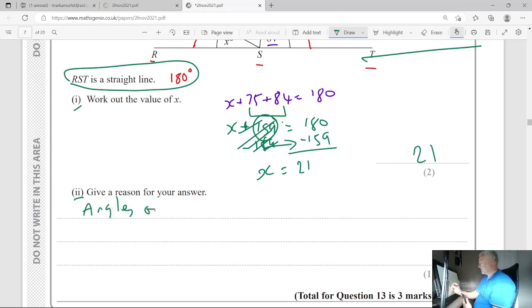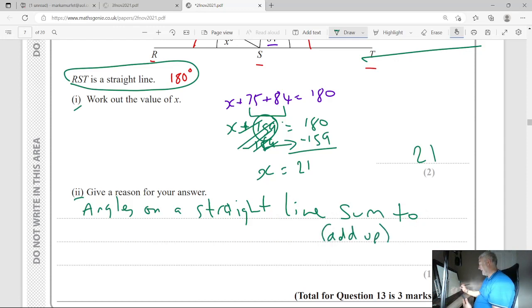Angles on a straight line sum to, which means add up to 180 degrees. And what we've done is added those two together and subtracted it from 180 to give me my answer. So it wants a written justification as to why you know x equals 21.